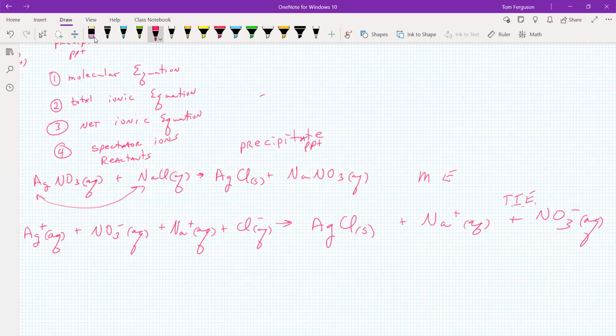And let's abbreviate these. So this is going to be ME, TIE, and NE, and IE. So we've done the molecular equation, total ionic equation. The next one we need to do is the net ionic.